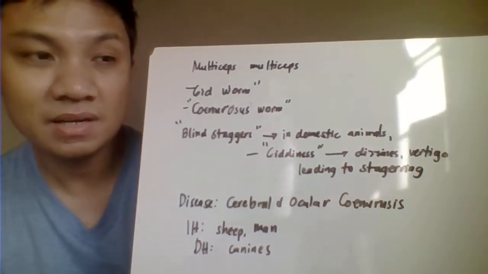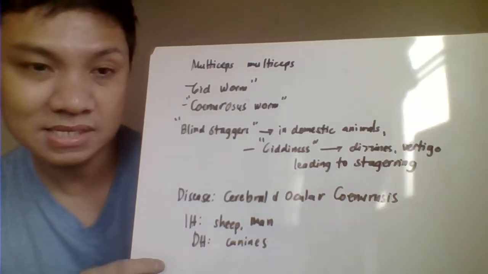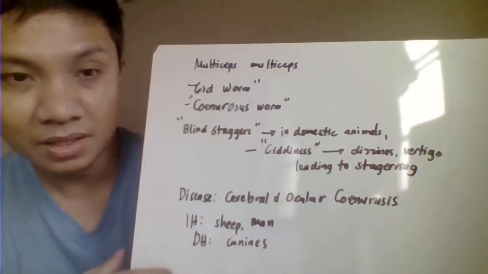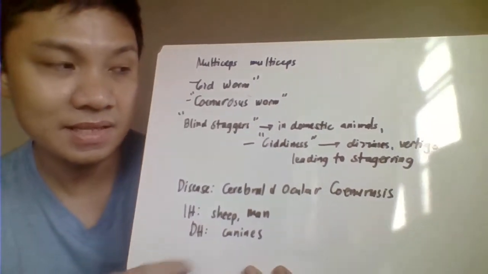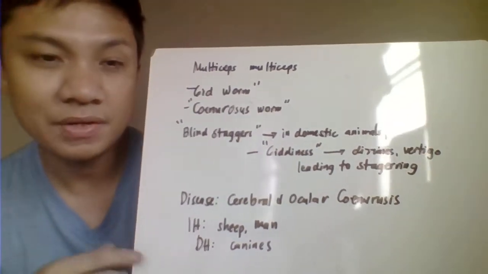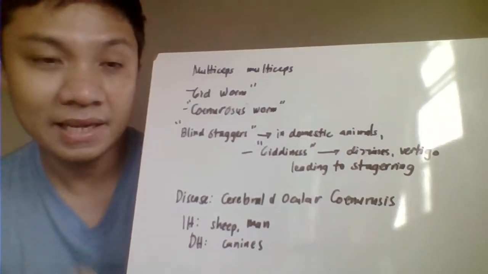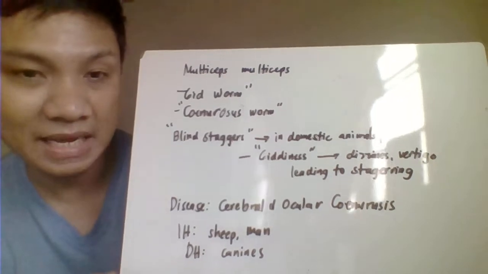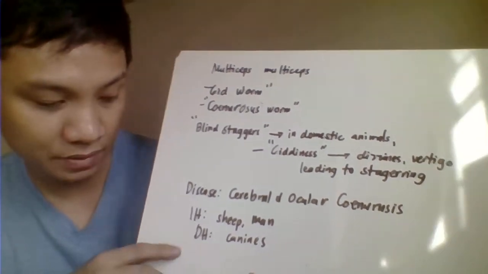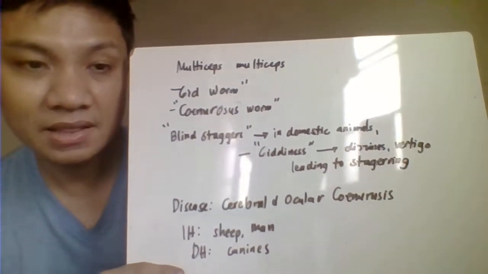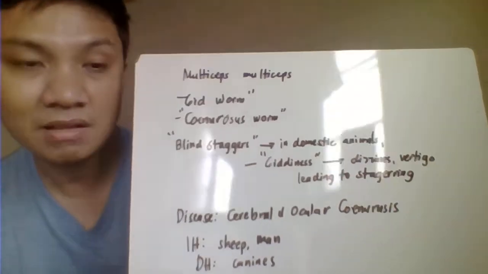Blind staggers is just staggering or giddiness. Kaya tinawag siyang gid worm. Giddiness is dizziness, vertigo, so nahihilo ang patient at nangingisay, leading to staggering. So, that's your blind staggers. Intermediate hosts for that are your sheep and man, and definitive hosts would be your canines.